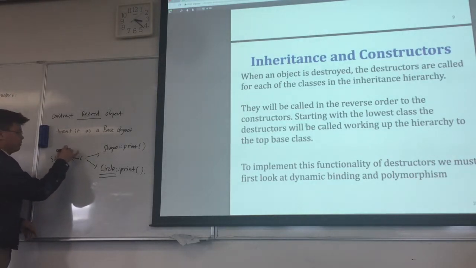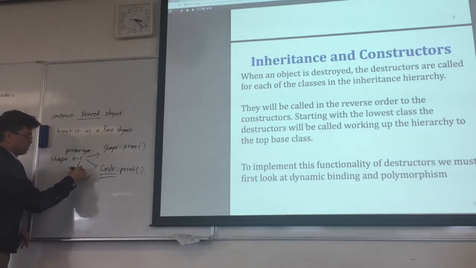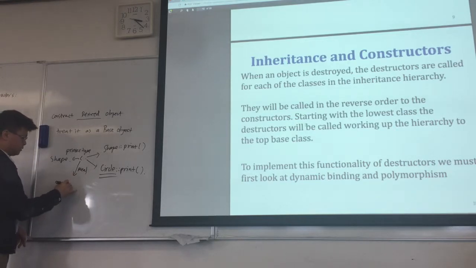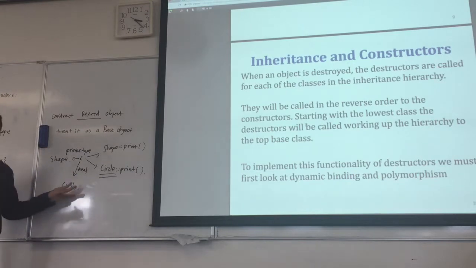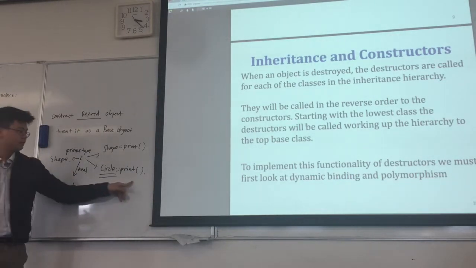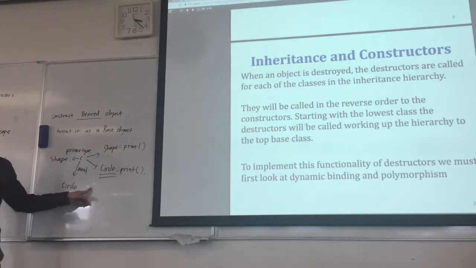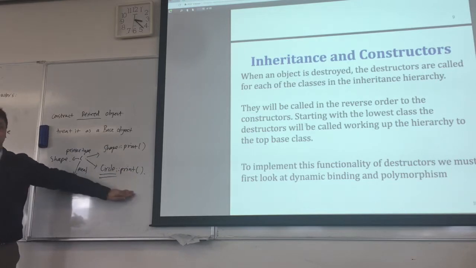This is the pointer type. But the real type of C is circle. Right, so hang on, don't call this one yet. Let's look at the real type. Right. It is a circle. Is there a function called print in the namespace of circle? Yes, there is. So instead of calling this, we call this.